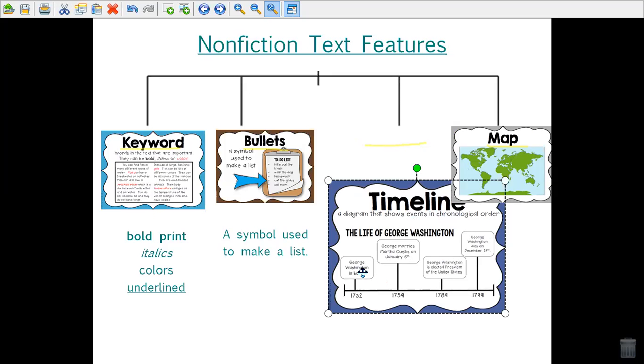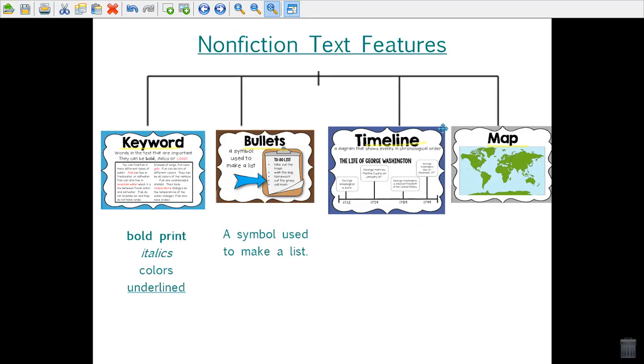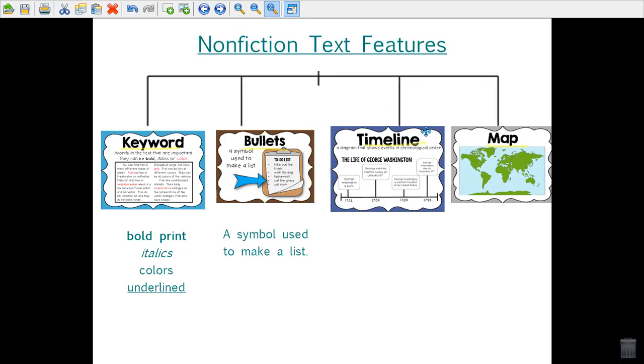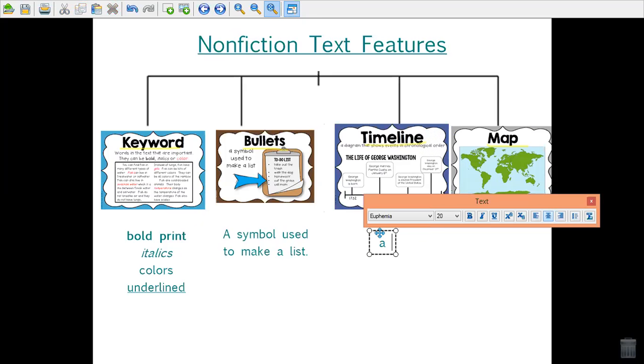So like starting from George Washington was born, the next thing he did was marry Martha Custis on January 6th, and then George Washington is elected president, and then George Washington dies, and that is the list or the order of events. Slide timeline back up. And a timeline is a diagram that shows events in order.